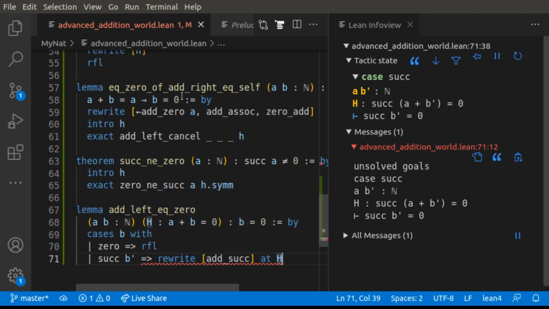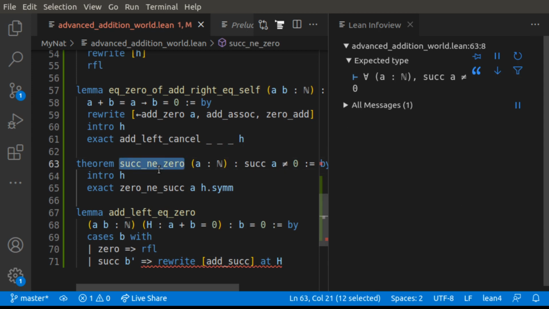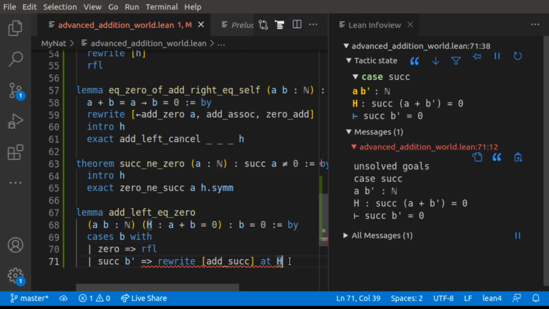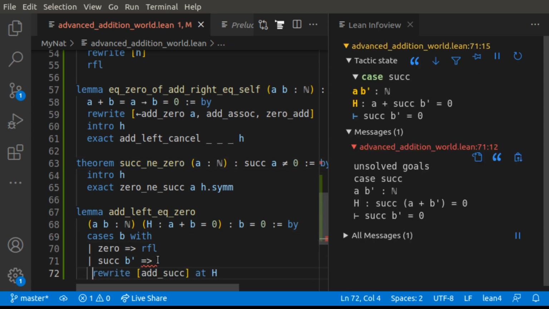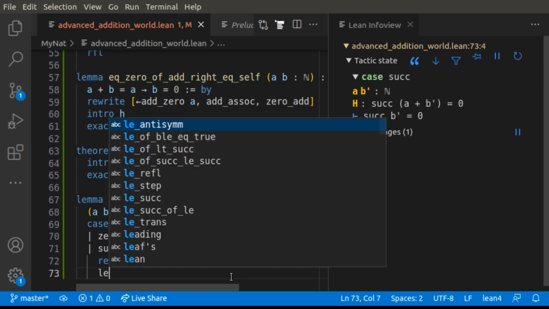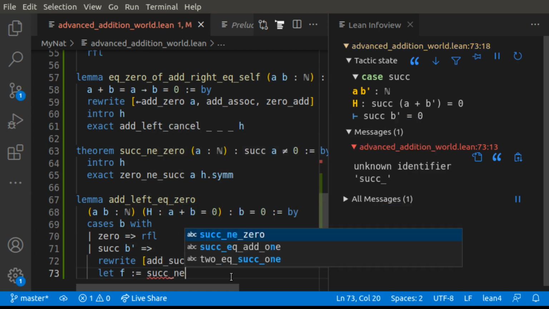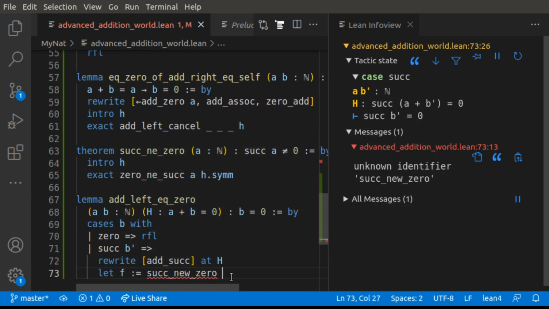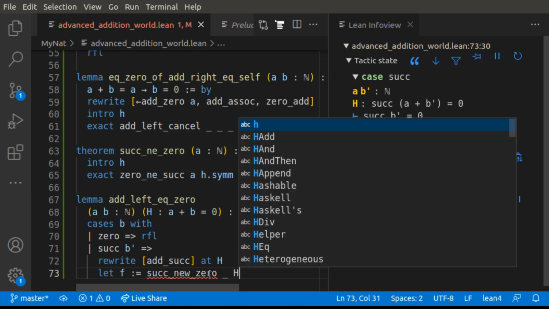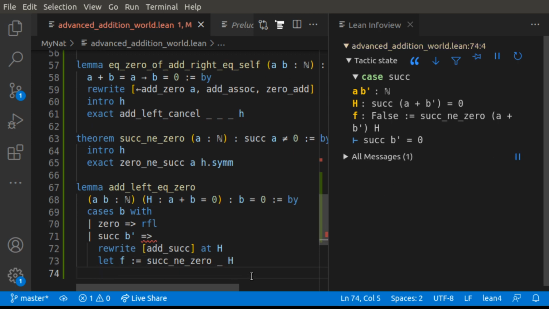Successor of A plus b prime. That is promising, but we have successor not equal to 0. So now we can move this to a new line. Can we let F be defined to successor not equal to 0, bang H. F is false. Haha.